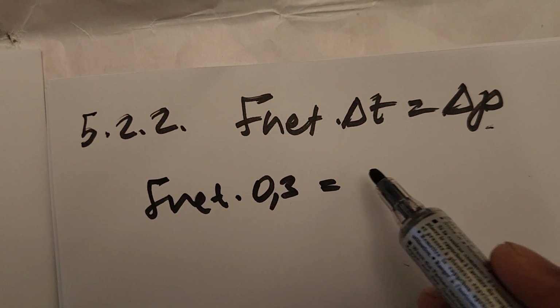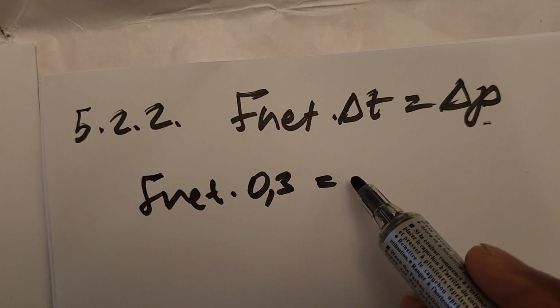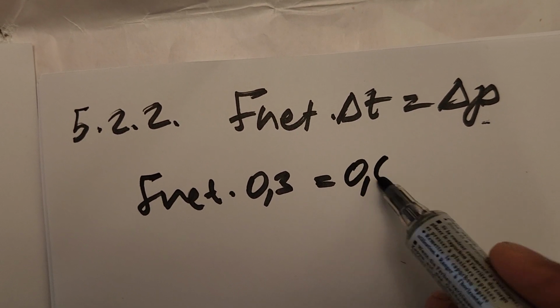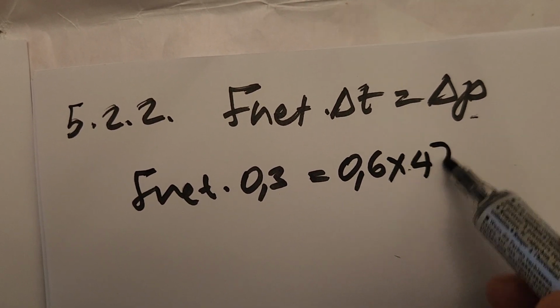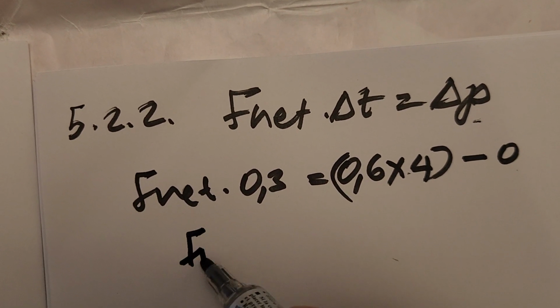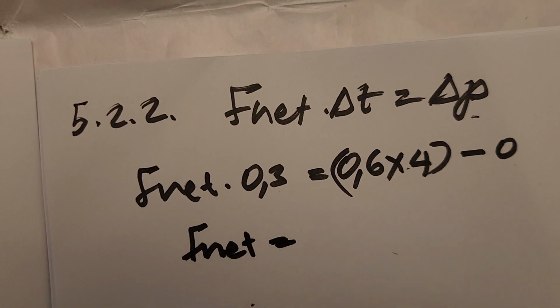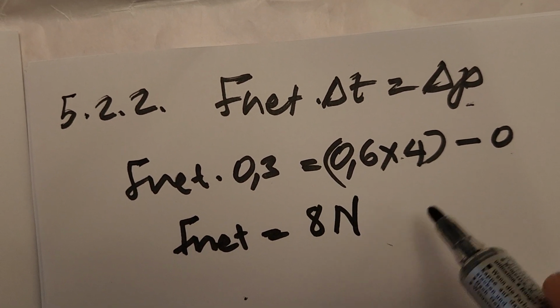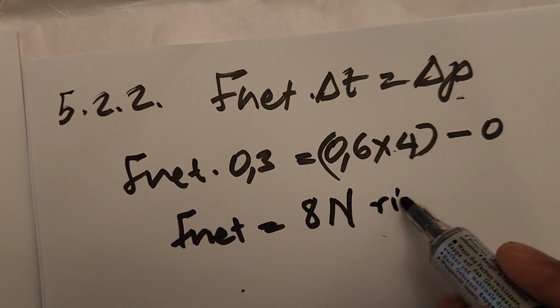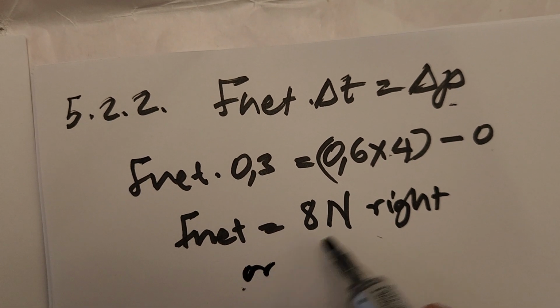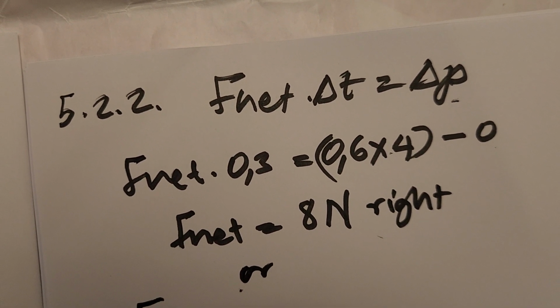So the final momentum will be 0.6 multiplied by 4, and the initial momentum, it was not moving, therefore F net equals to positive 8 Newton, and that it will be 8 Newton to the right. Fine, you take the right as positive.